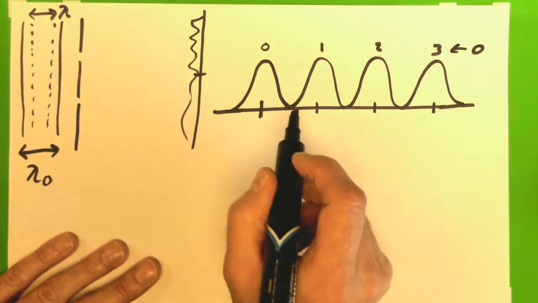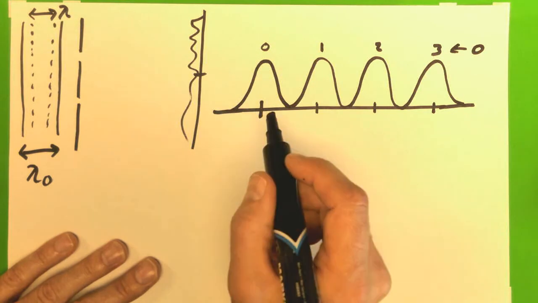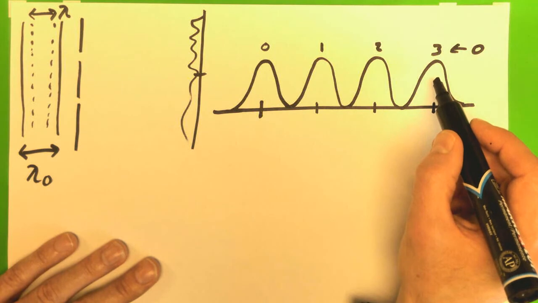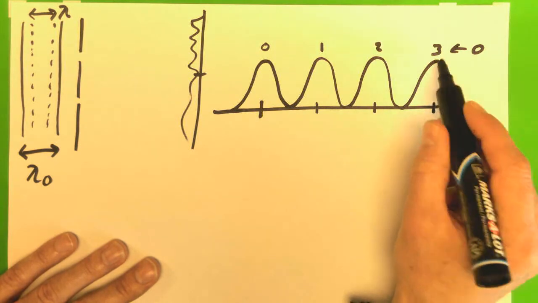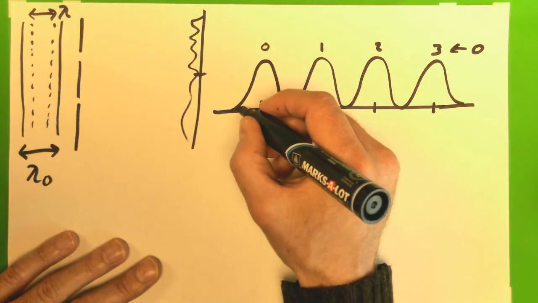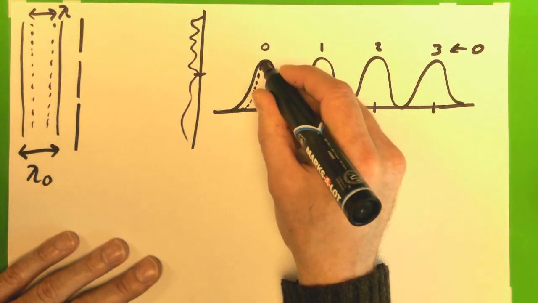Now what we see is that the other color has its fourth order maximum overlapping with the third order maximum for the orange. So it must have narrower peaks. I'm going to draw it like this.